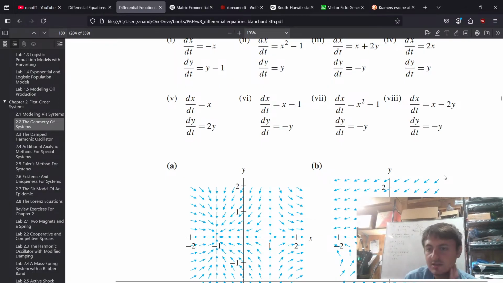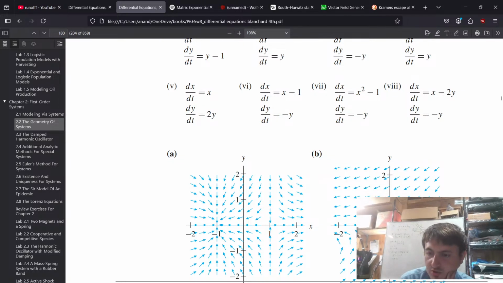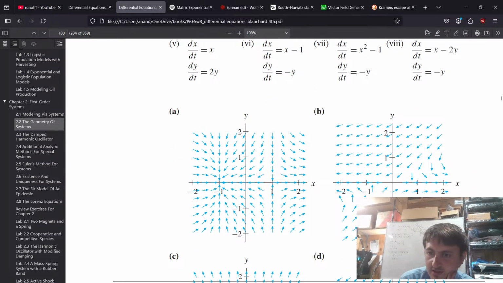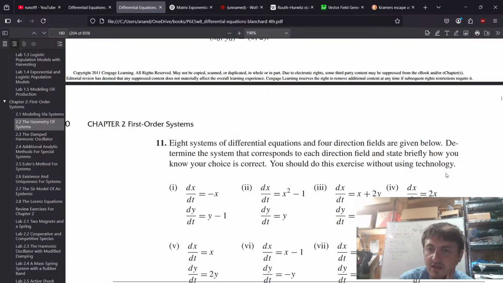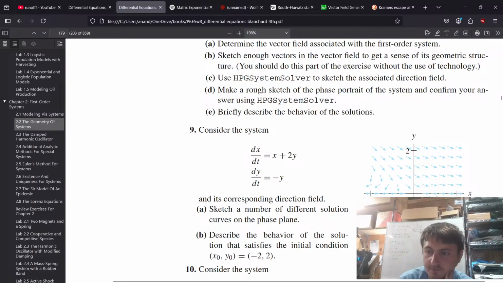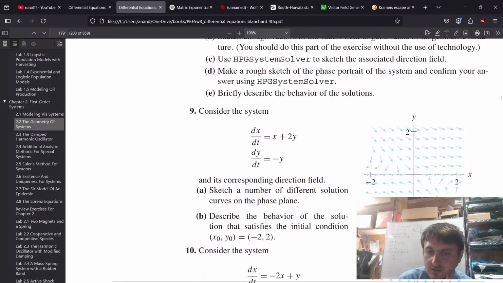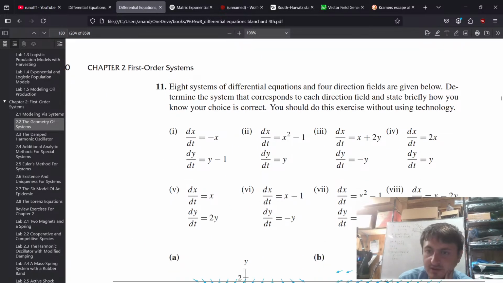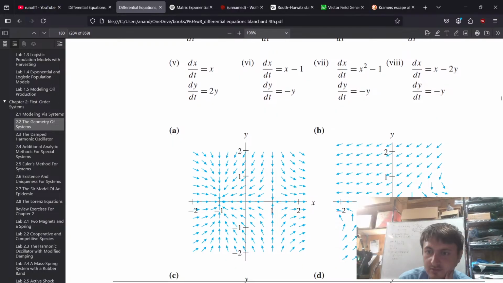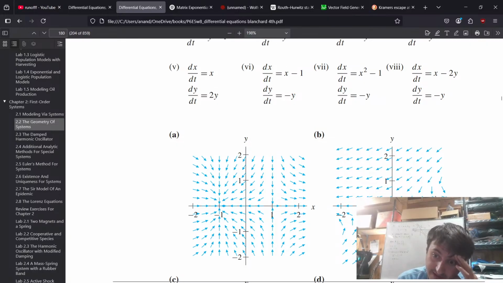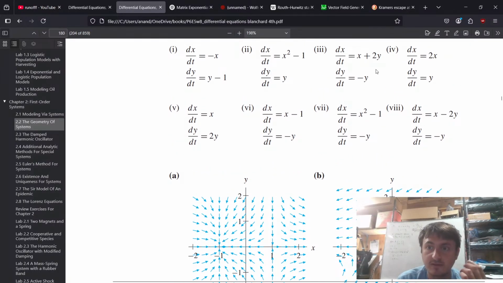So b is one of those ones that's kind of like the reverse of this one. So it's probably something like, okay, x just decays. So dx is probably just going to be like x.